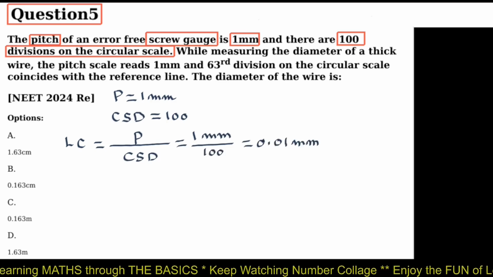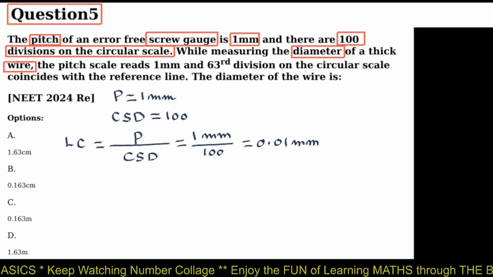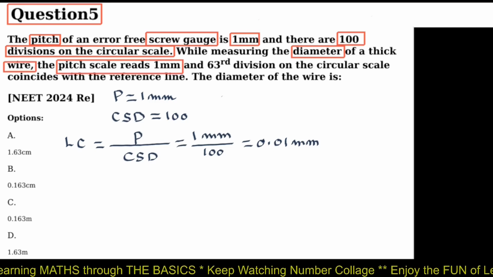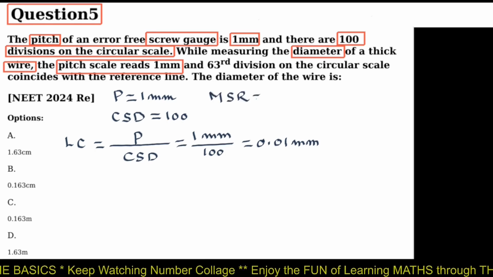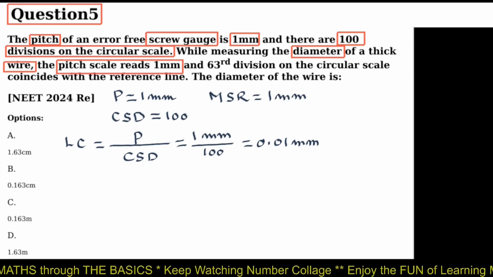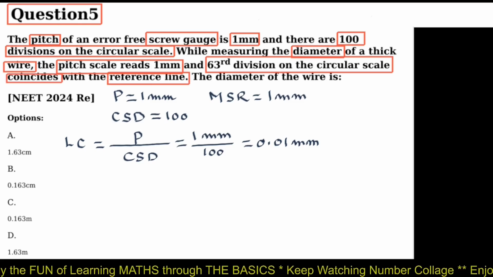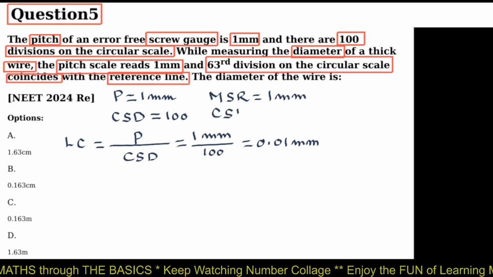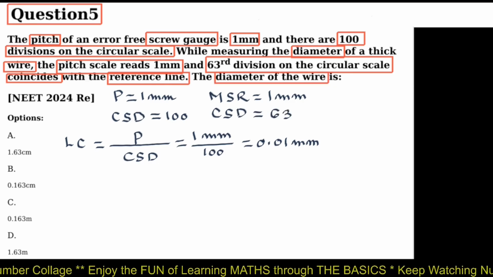While measuring the diameter of a thick wire, the pitch scale reads 1 millimeter. That gives us the main scale reading of the screw gauge to be 1 millimeter, and the 63rd division on the circular scale coincides with the reference line. That means circular scale divisions are 63. We have to find the diameter of the wire.